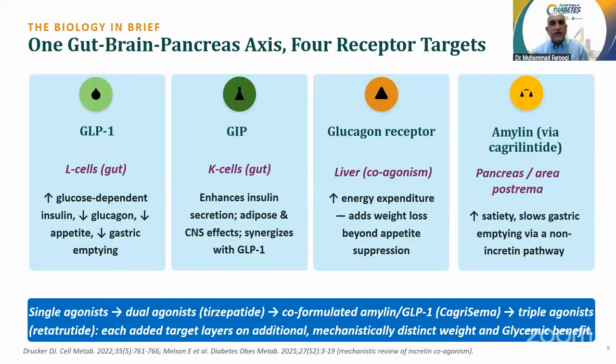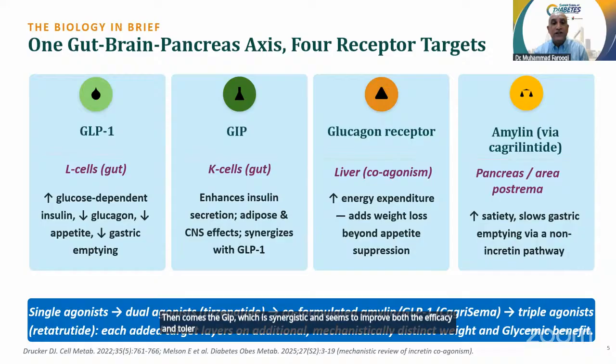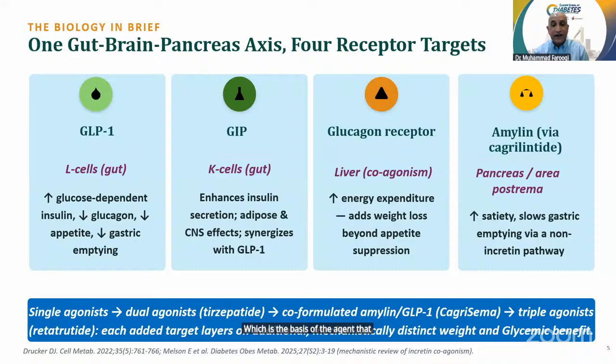It helps to ground everything that follows in the biology, but I'll keep this brief. GLP-1 is the main thing that we are all familiar with in terms of its glucose-dependent insulin release, its appetite suppression, and the gastric emptying, which is slowed down because of that. Then comes the GIP, which is synergistic and seems to improve both the efficacy and tolerability when combined with the GLP-1, which is the basis of the agent that we now use, tirzepatide.